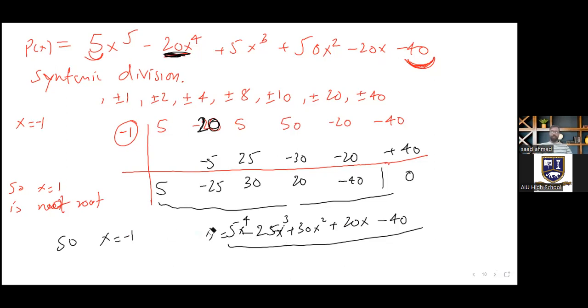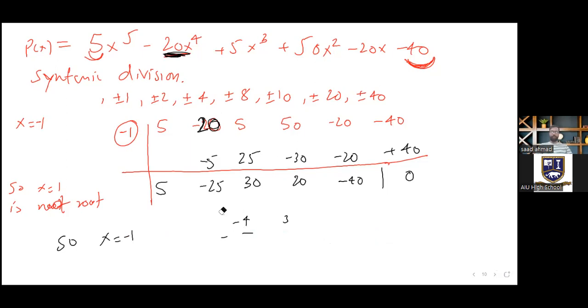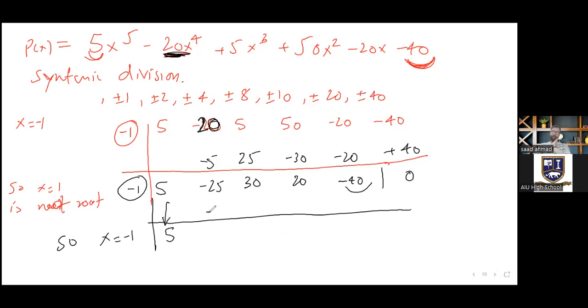So let's check again. The last number is -40, so -1 can still divide it. Let's check if -1 still works for this next intermediate polynomial. So 5 comes down as it is, times -1 is -5 here. It will give us -30. This will become +30.